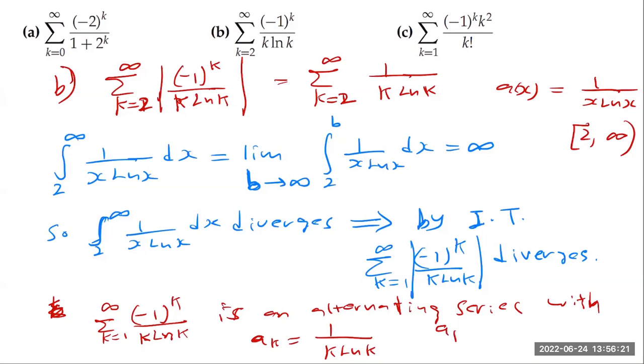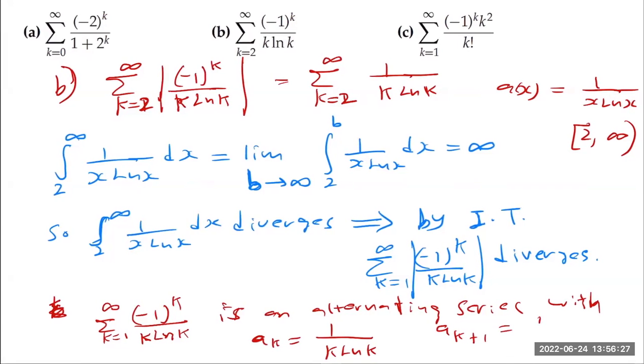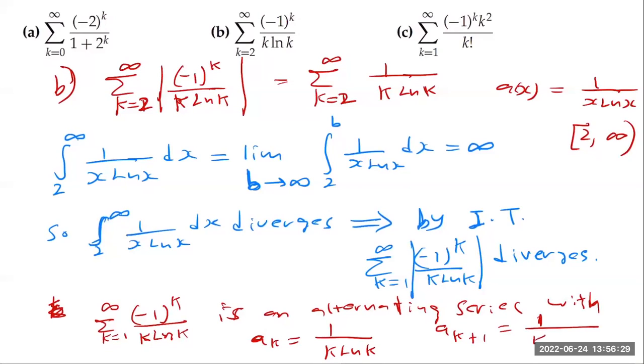Then a_(k+1) is equal to 1 over (k+1) times ln(k+1). I just plug in k+1 here and here to find my a_(k+1).